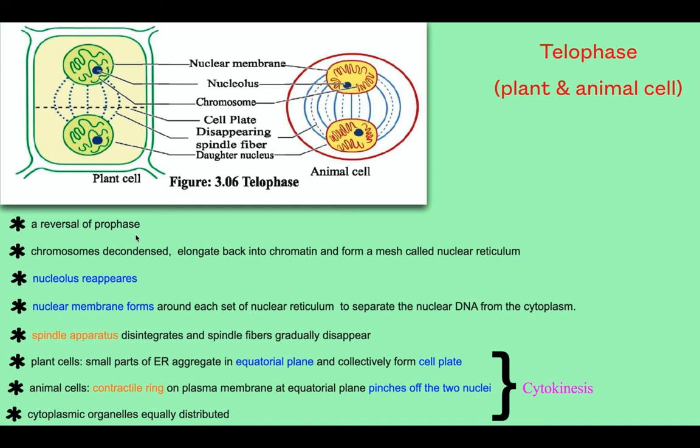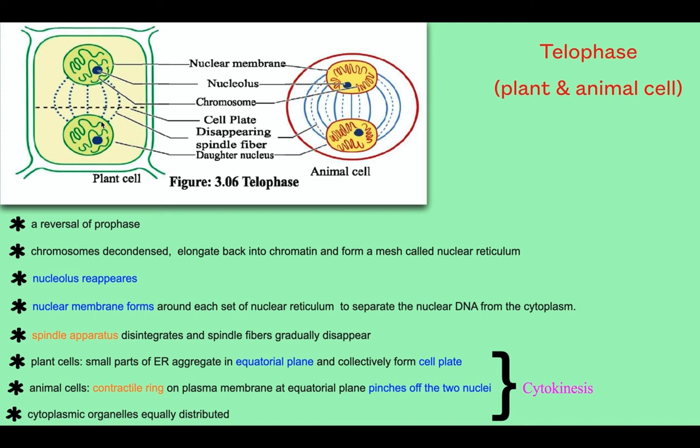So in prophase we have seen that nucleolus and nuclear membrane both degenerated. But now we shall see that they will regenerate, and the spindle apparatus will be disintegrated and gradually disappear. Another thing we shall see is that the chromosomes will be decondensed. It was thick up to anaphase, but now it will be decondensed, thin again.